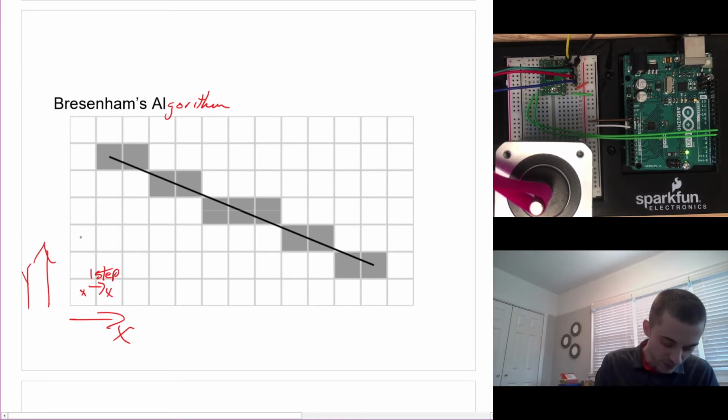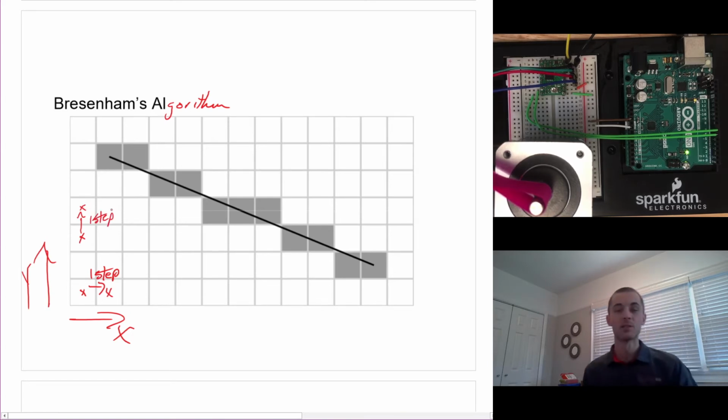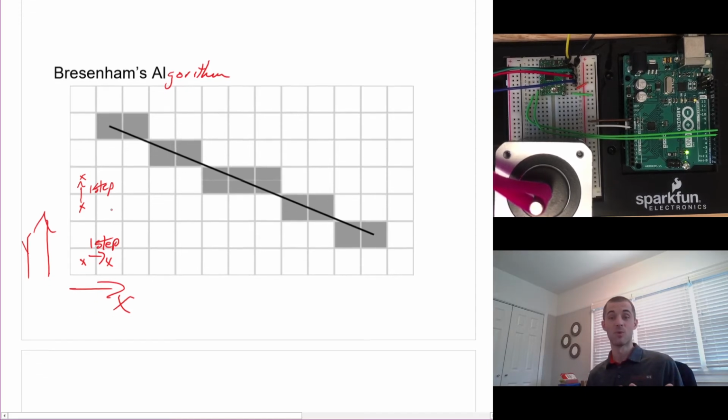Just like moving from here to here is one step. And so Bresenham's algorithm is great for stepper motor control as well, because we're literally taking these movements along orthogonal axes, depending on the machine, most of the time orthogonal axes, to move from one location to another, and we're trying to do something like draw a straight line. And so one of the best approaches is using Bresenham's algorithm to do that.